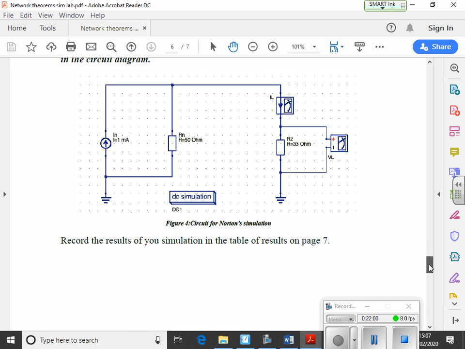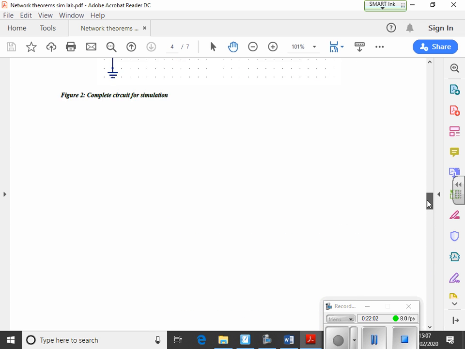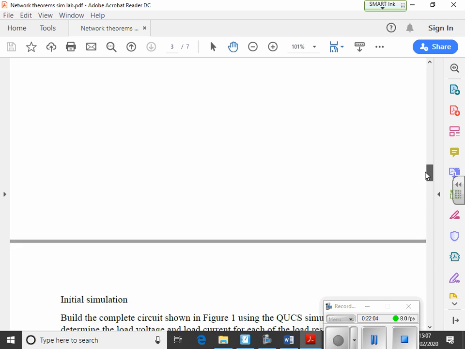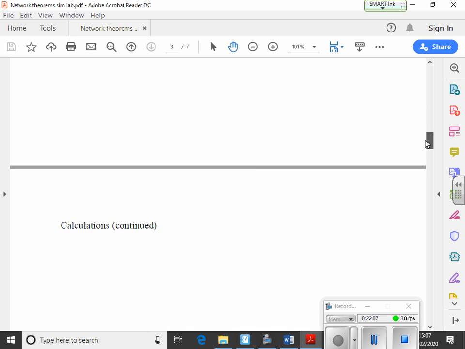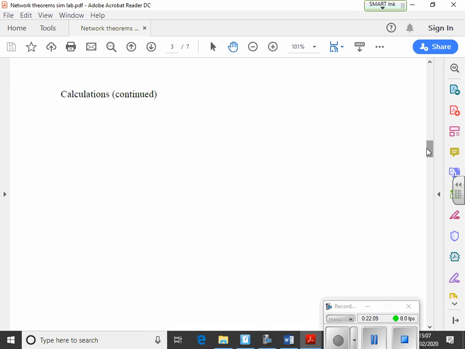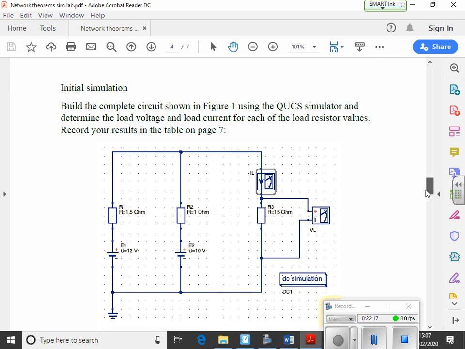Then, after you've done that, fire up the simulator. I've left you a full page for calculation, a complete white page, so keep everything together. Then set up on the simulator the complete circuit as it stands.